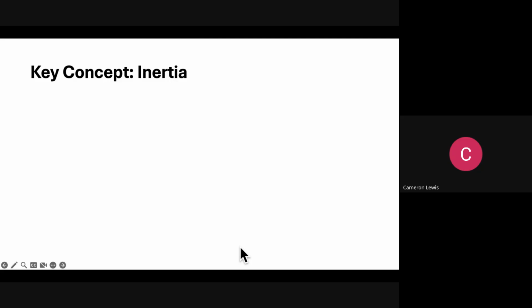So the first key concept that we want to talk about is inertia. Inertia has a lot of different definitions. The first definition you could say: the tendency of an object to resist change in a state of motion. How can I get something to change a state of motion? Right now, is this desk moving?